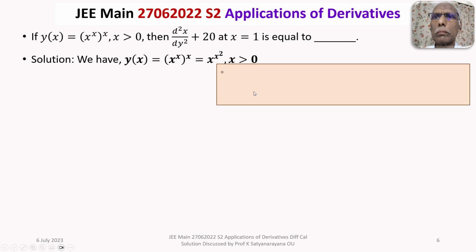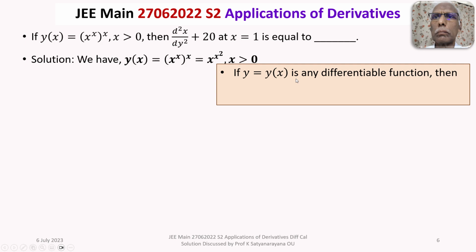If y is any differentiable function of x, then we have a relationship between the second derivative of y with respect to x and the second derivative of x with respect to y.